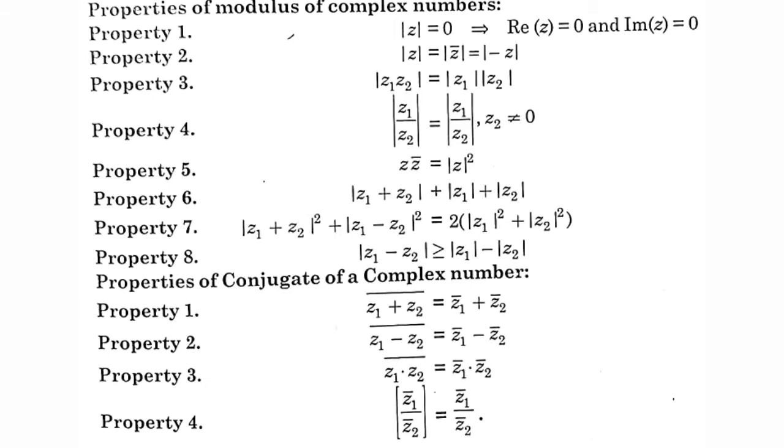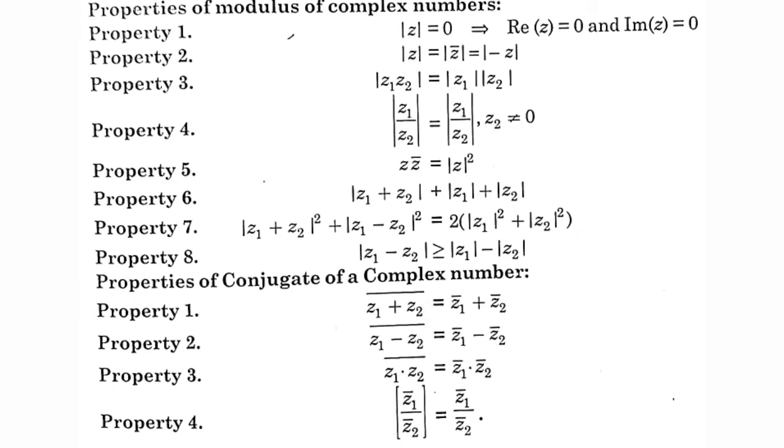Third property: modulus of z1 into z2 is equal to modulus of z1 into modulus of z2. Fourth property: modulus of z1 upon z2 is equal to modulus of z1 upon modulus of z2, where z2 is not equal to 0.